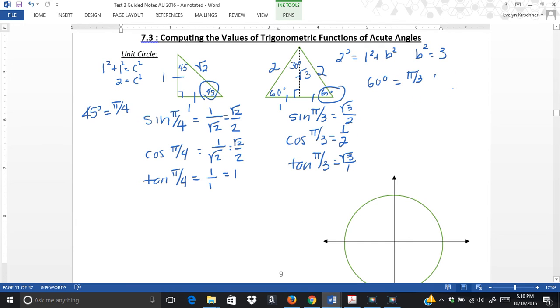And pi over 3 and pi over 6 are complementary, which means that the cosine of pi over 6 equals the sine of pi over 3. The sine of pi over 6 equals the cosine of pi over 3. And then we know that the tangent of pi over 6, this is pi over 6 over here, is 1 over radical 3, or if I rationalize this, radical 3 over 3.